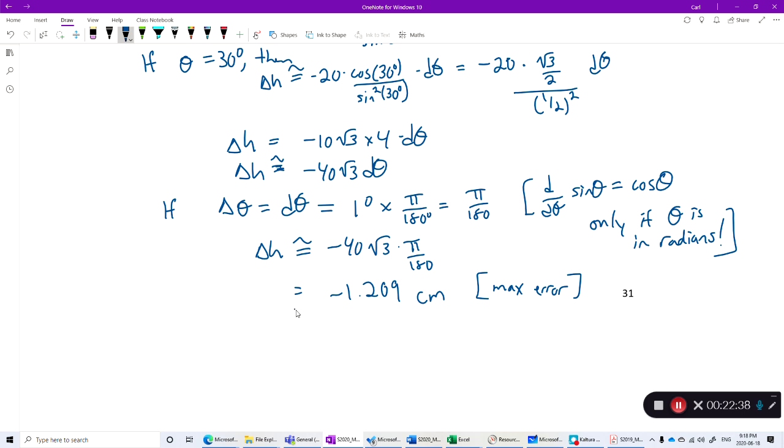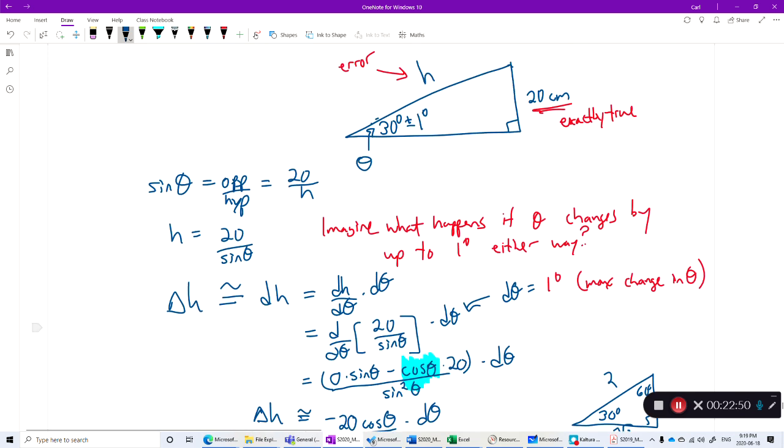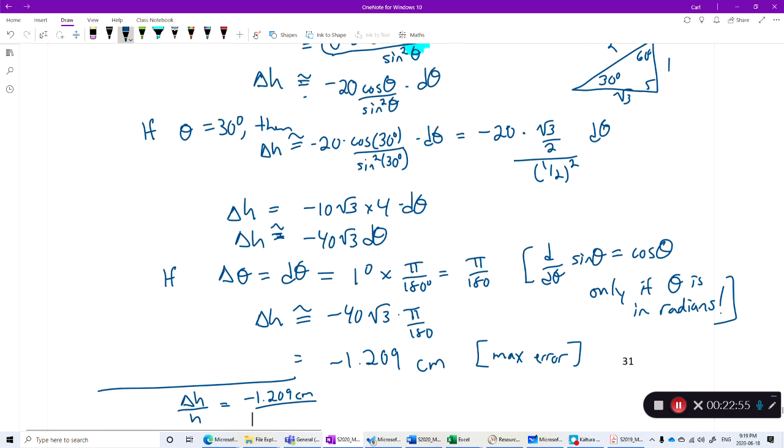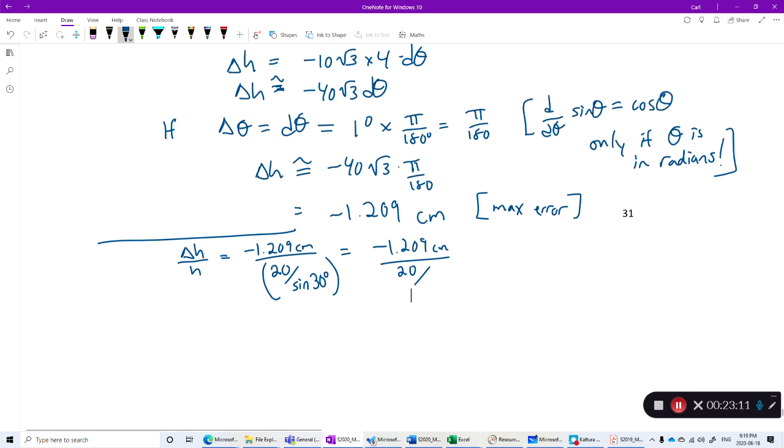Now we're going to do the relative error. So the relative error would be just that divided by h. Now, what is h? We didn't actually work that out, right? h is 20 over sine theta, so h is 20 divided by sine of 30 degrees. What's sine of 30?